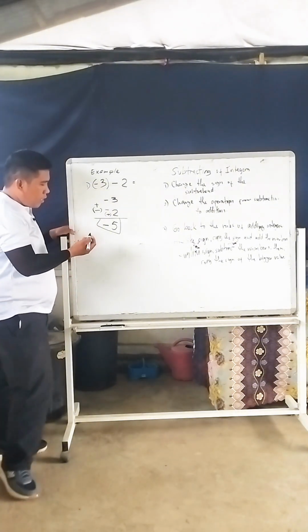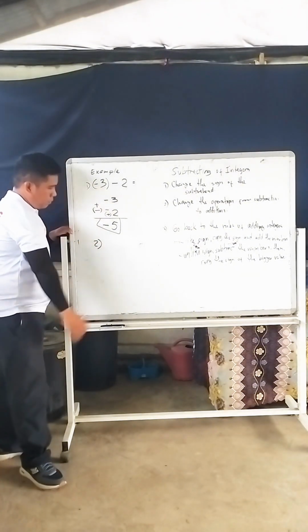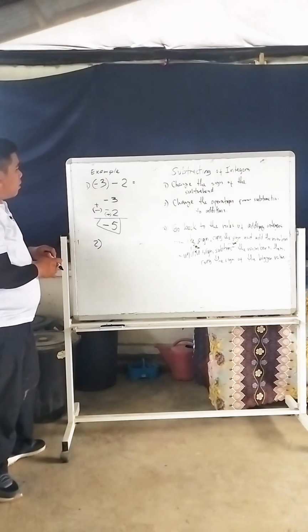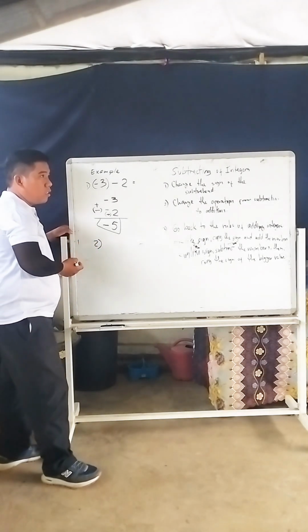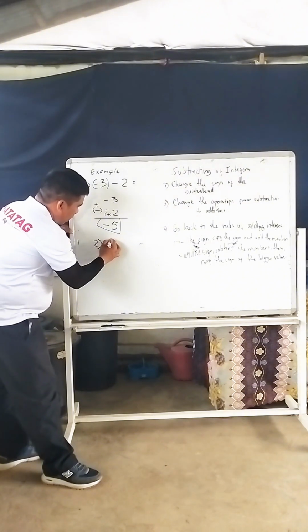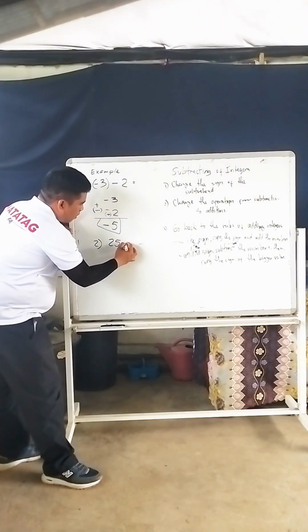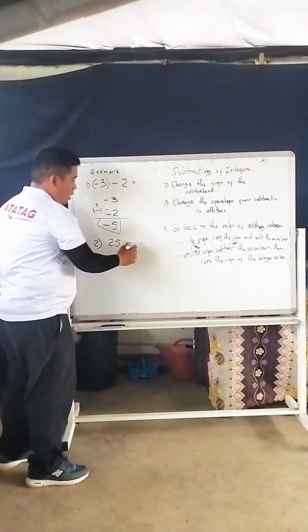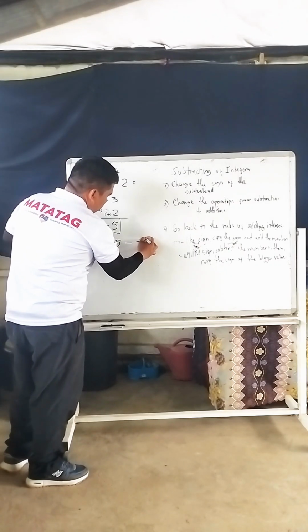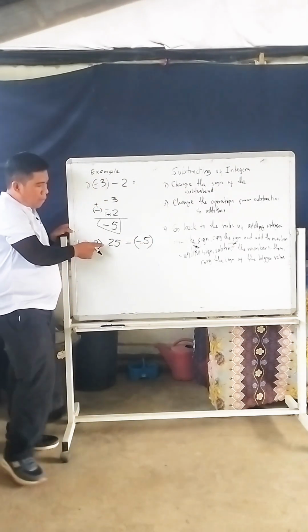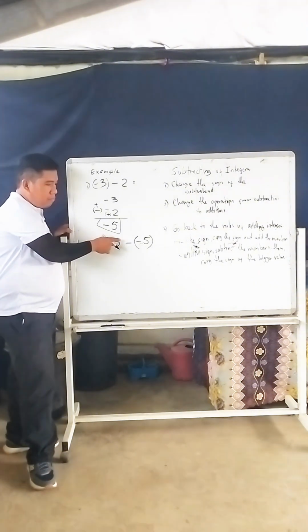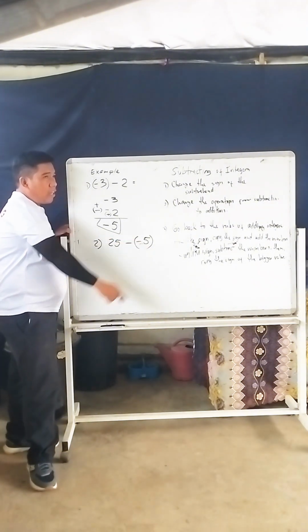So let's have another example. Let's have the positive 25 minus negative 5. Okay, so we have positive 25 minus negative 5.